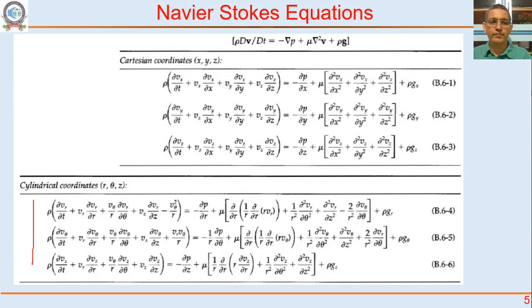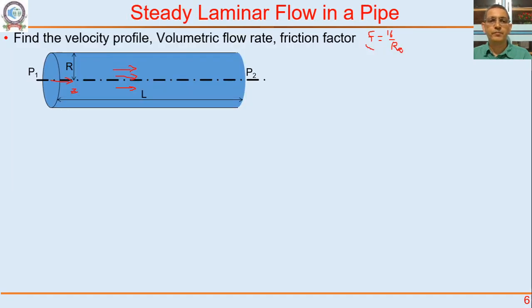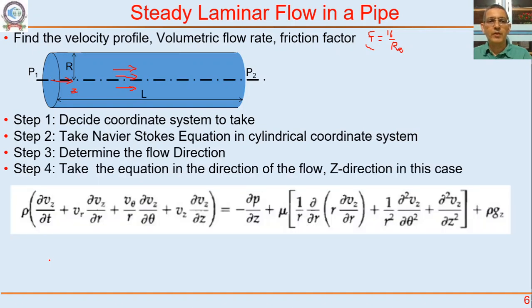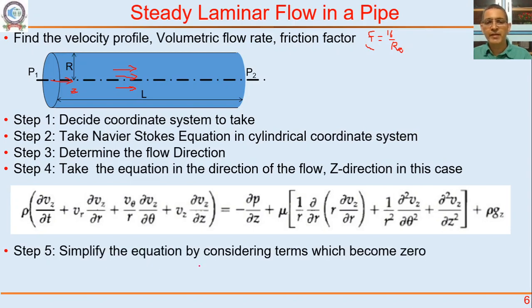We don't have to look at this equation and this equation, we have to take this equation, the z direction. Next step, simplify the equation by considering some terms that become zero.